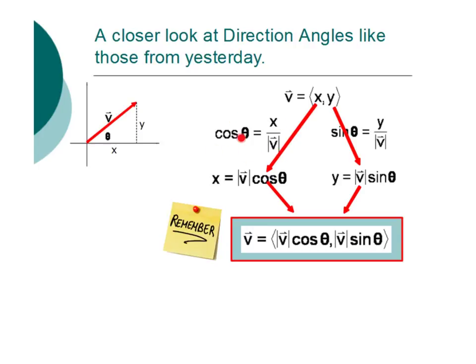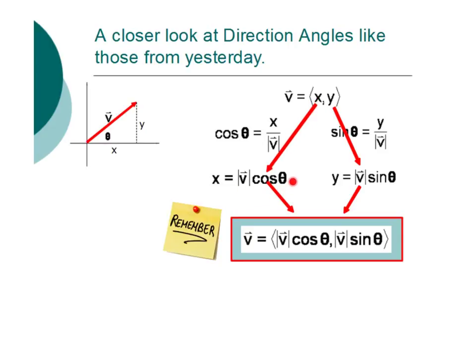We said that the cosine of theta was equal to the adjacent over the hypotenuse. And the hypotenuse was just the magnitude of our vector. That gave us the x value; we had to solve for x. So we multiplied both sides by the magnitude, and that found our x, our horizontal component.